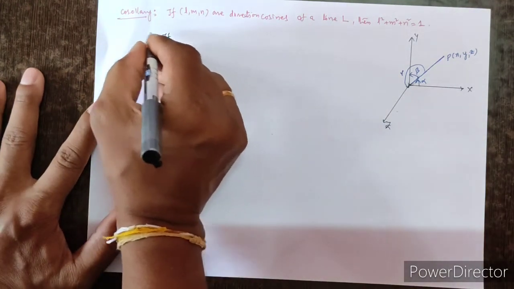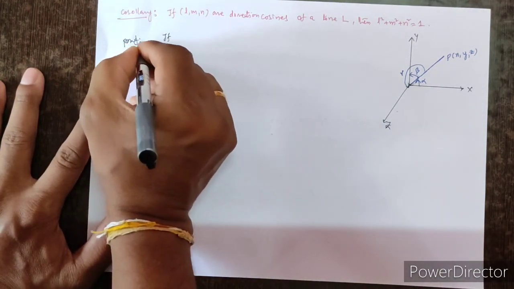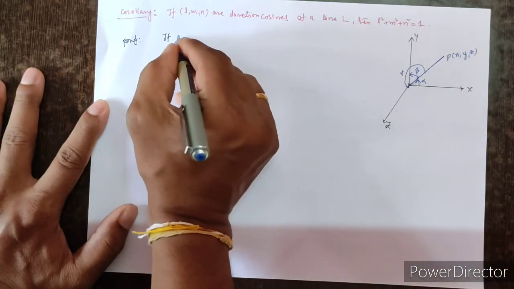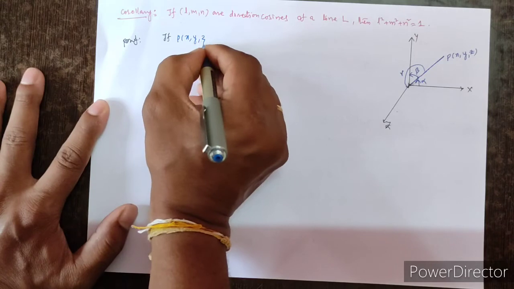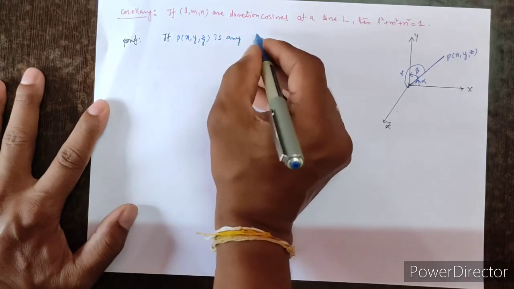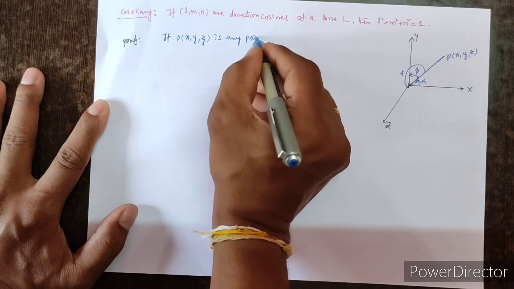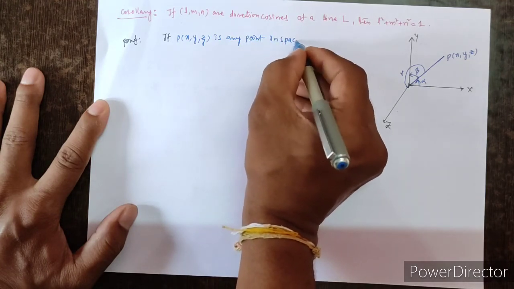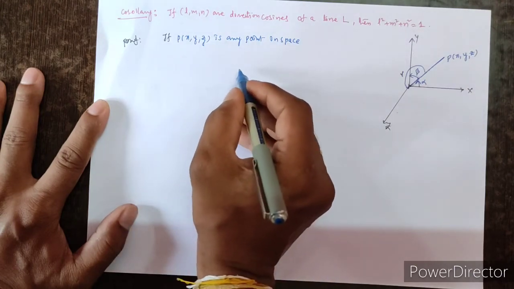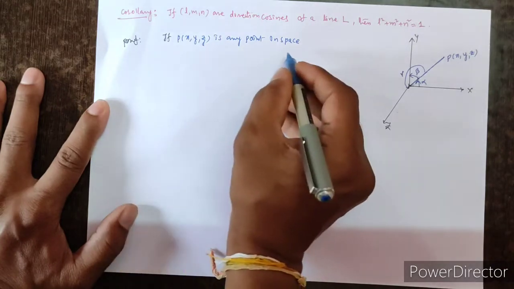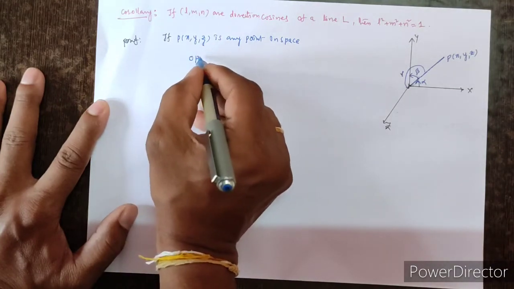Proof: if P x, y, z is any point in space, then OP equal to what?